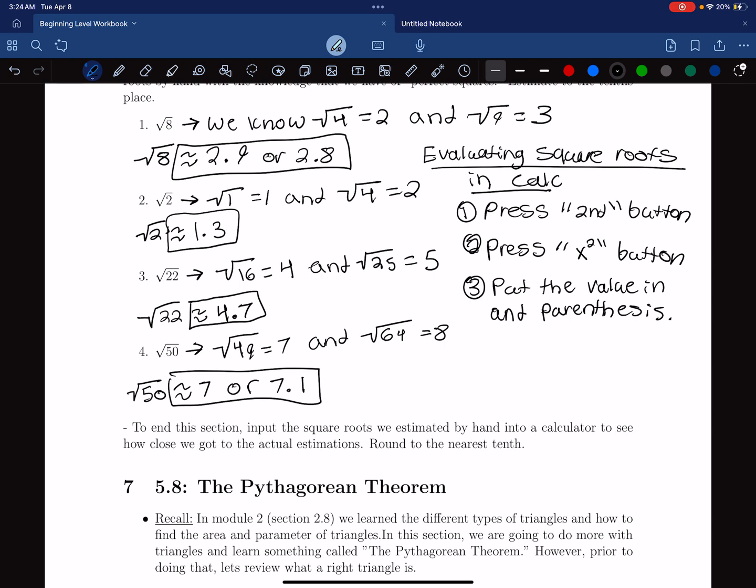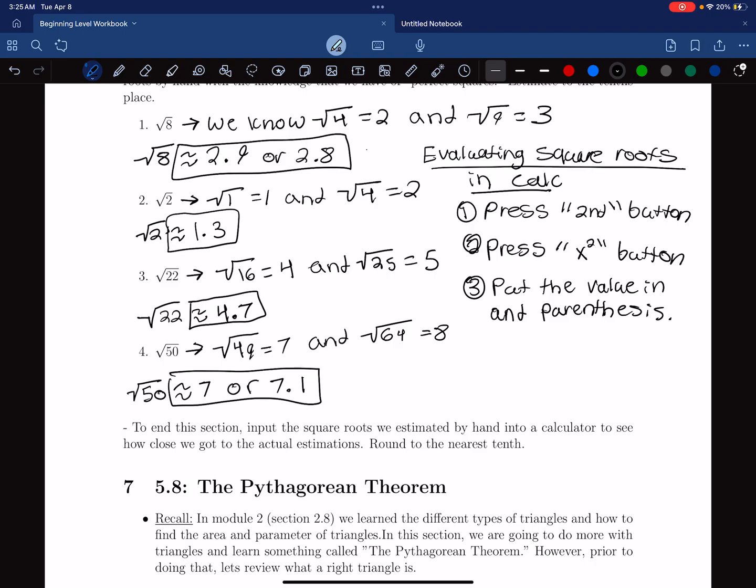Okay, so now let's put that in practice with example 1. So we have the square root of 8, so we're going to press the second button, and then find where x squared is. We're going to press that, and then we're going to put in the number 8. And then for me, I need to put a second parenthesis to close it, and then we're going to click enter.